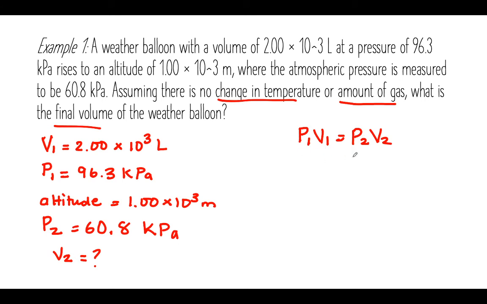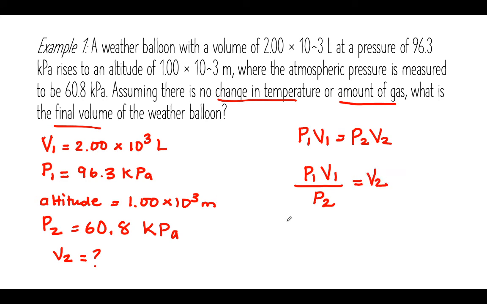Now, I really like in these formulas to rearrange the formula to what I have to solve for, then plug in the numbers, right? So P1 times V1. I'm solving for V2, so I have to move P2 to the other side. Currently, it's being multiplied, so when I take it over to the other side, it's going to be divided. So this is my formula for V2.